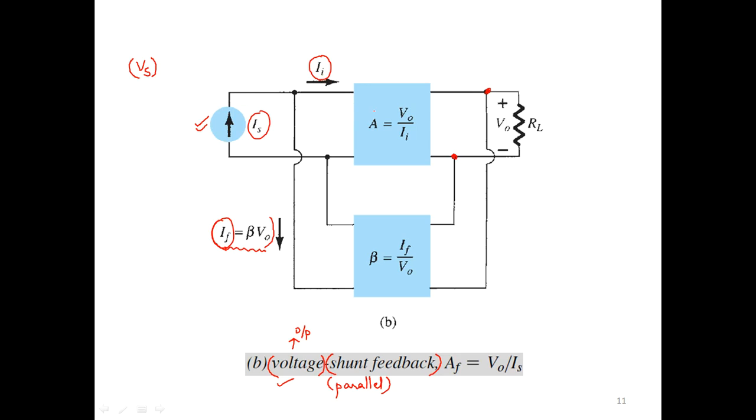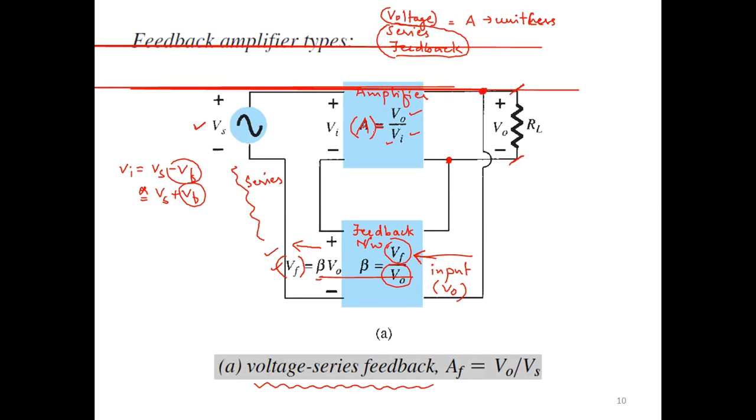amplifier. Now just observe, the amplifier gain of voltage shunt feedback is given as the ratio of output voltage upon input current. This point should be very clear for you, right? Let me compare this parameter with that of the previous voltage series feedback. What is the expression for the gain there?